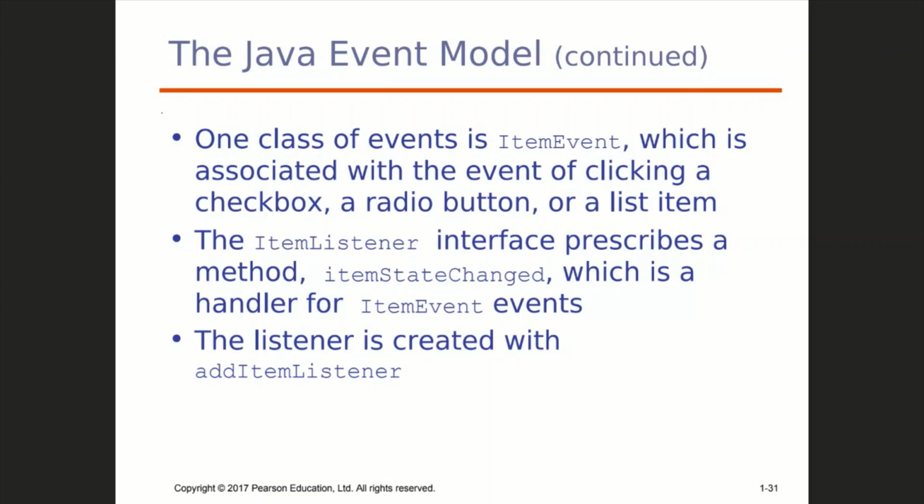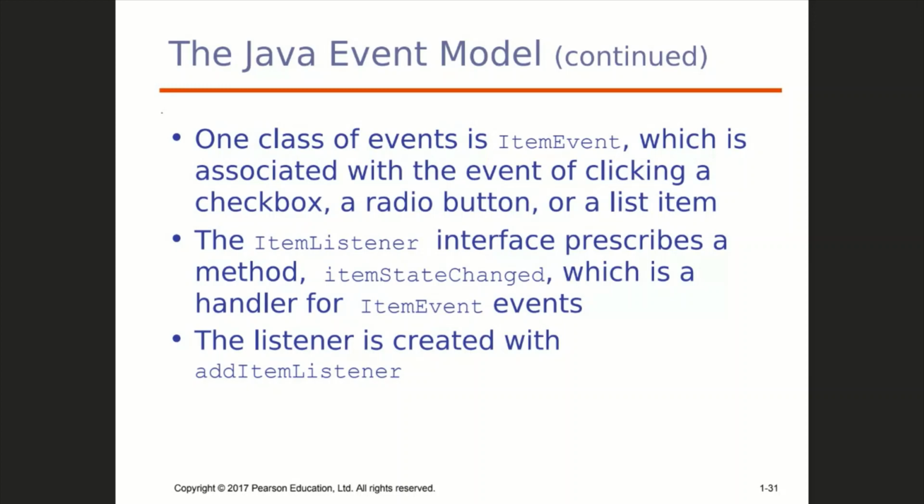A radio button may have many items, and you will be choosing an item. In a checkbox you choose an item, and a list may have a sublist, a collection of items, and you pick one item. So whenever you deal with items in a checkbox, radio button, or list, this event will happen.